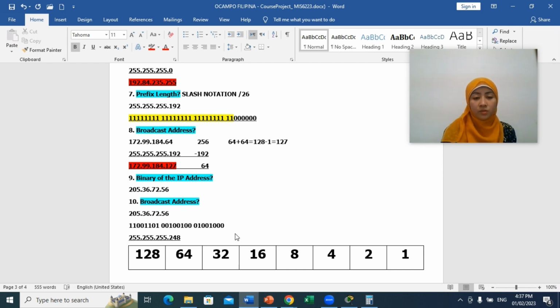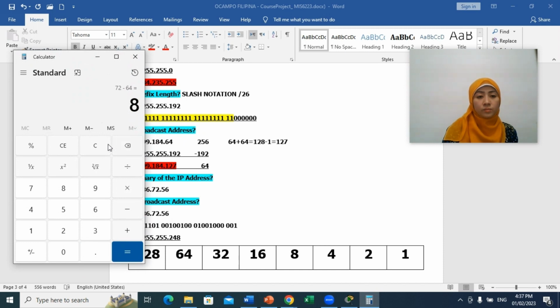And then 56. 56 minus 128 it cannot be, so 0. 56 minus 64 it cannot be. 56 minus 32 it can be, so for 32 I will put 1. So 56 minus 32 is equal to 24.